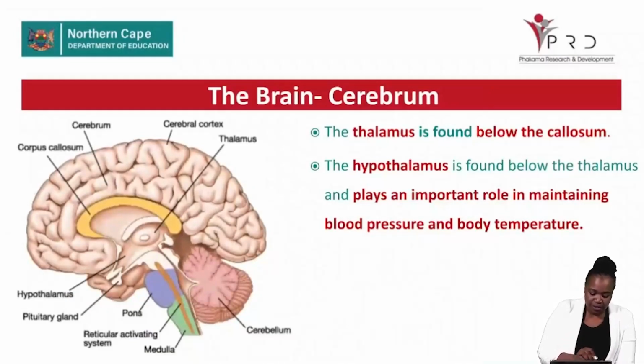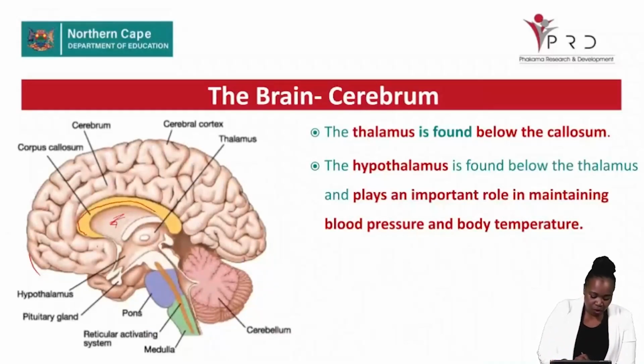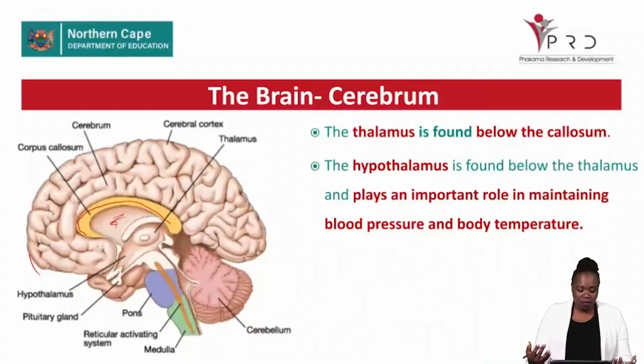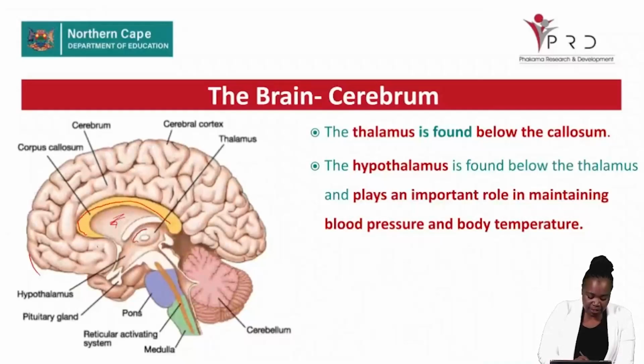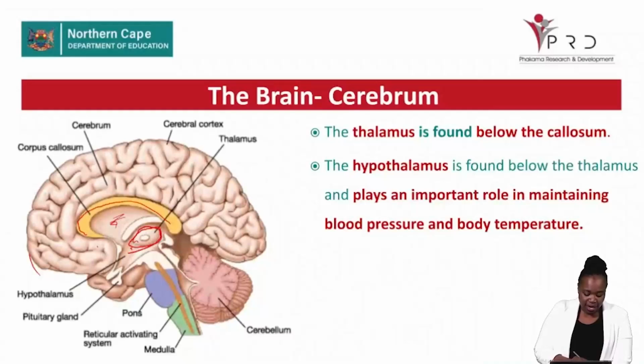So we know that this is the cerebrum, right? And then we have the ventricles, which contain the cerebrospinal fluid. We have the corpus callosum, which holds together the two hemispheres of the cerebrum, right? So now just underneath the corpus callosum over here, we have what we call the thalamus, and right underneath the thalamus, we now have the hypothalamus.